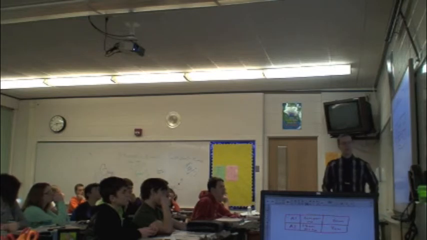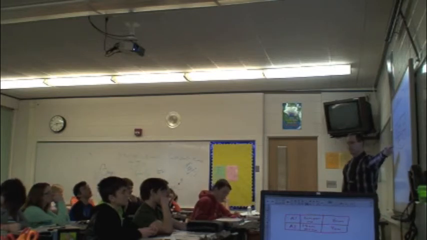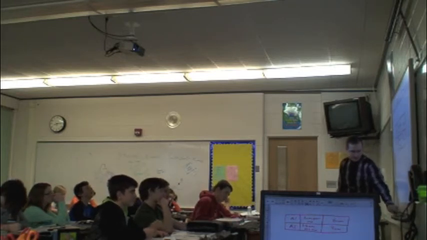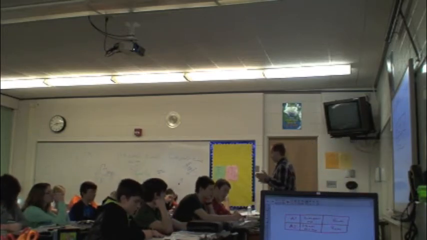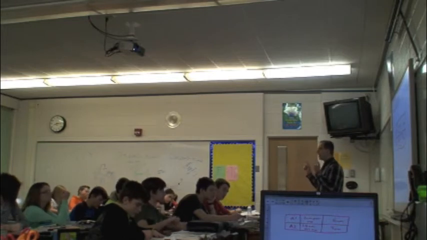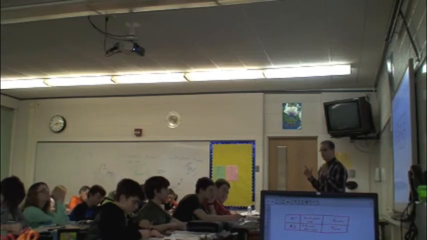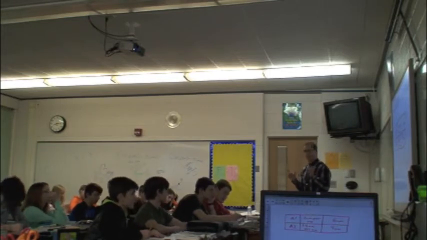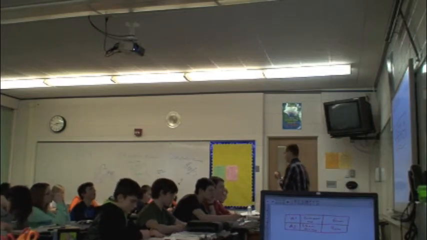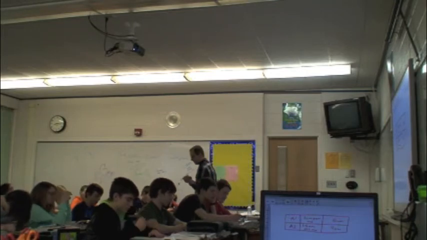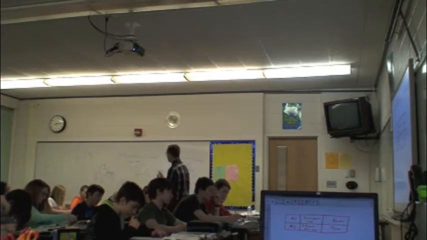I want you guys to set up an equation for these two alligators' length and their rate of change. You guys should know how to do this. And then I want you to find at what point will they be the same length. So I'm going to come around and watch you guys set these equations up.